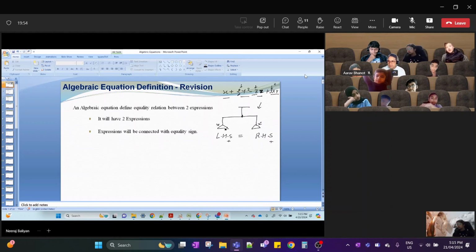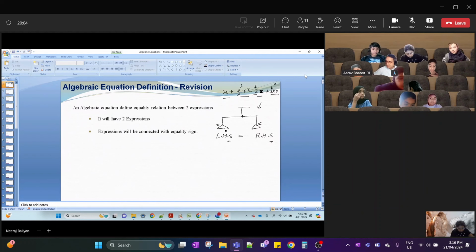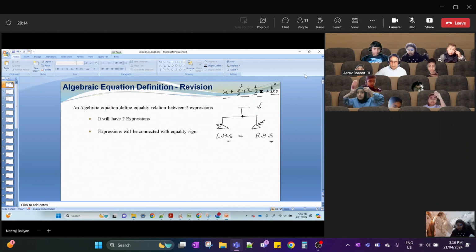There used to be two sides, left hand side and right hand side. On one side they used to put weights, like 100-gram weight, 200-gram weight, 1 kg weight, 2 kg weight, and on the other side they used to put the material which they were weighing. For example, if you are buying vegetables or fruit, on one side they will put weights, on the other side they will put vegetables or fruit.